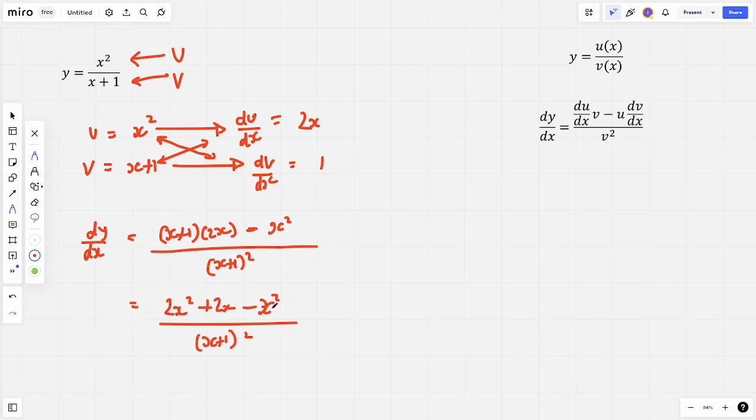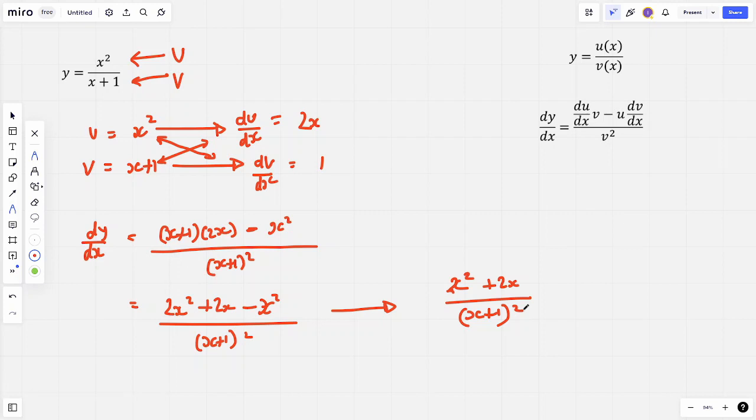Then we can clean the numerator up: 2x squared minus x squared is just x squared. So we've got x squared plus 2x all over x plus 1 squared, and that's your final answer.